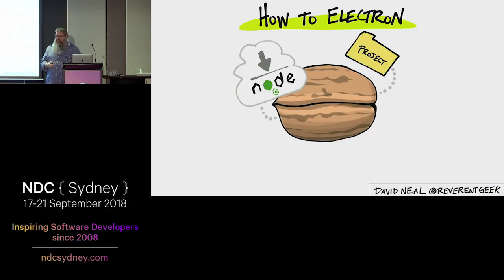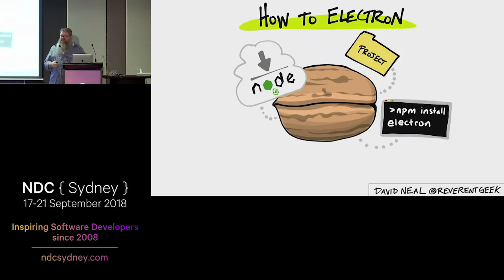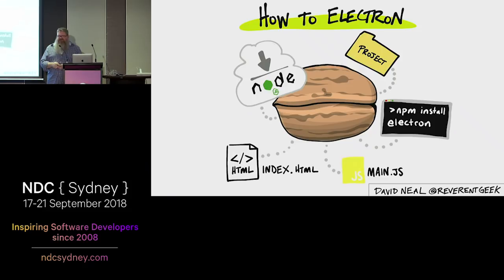You're going to create a project folder for your desktop application, and inside that folder, you want to run npm install electron. npm is the package manager that comes with Node that allows you to install dependencies, and of course, it's named electron. Once you have that, you need a couple of files. You need a main.js as your entry point into your application, and you need at least one HTML file to load. This is the bare bones, all that you need to create your first Hello World application in Electron.